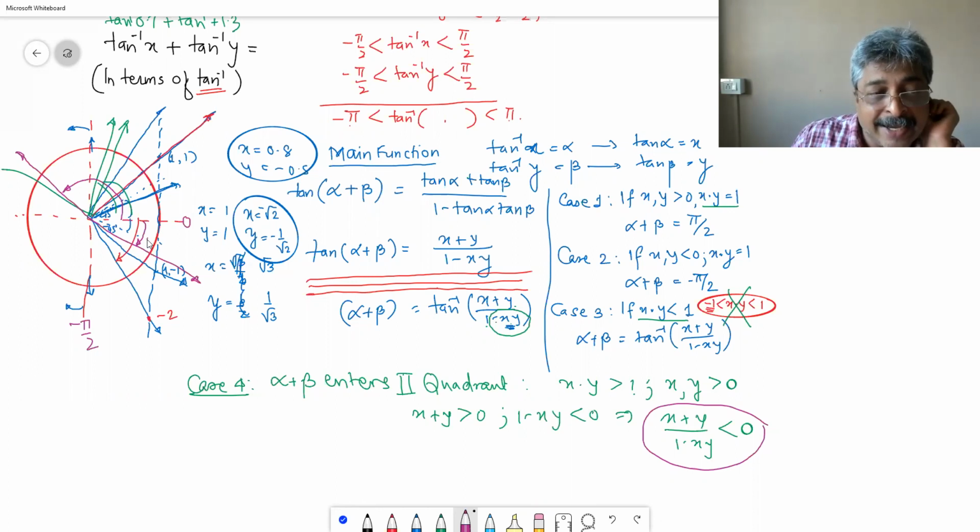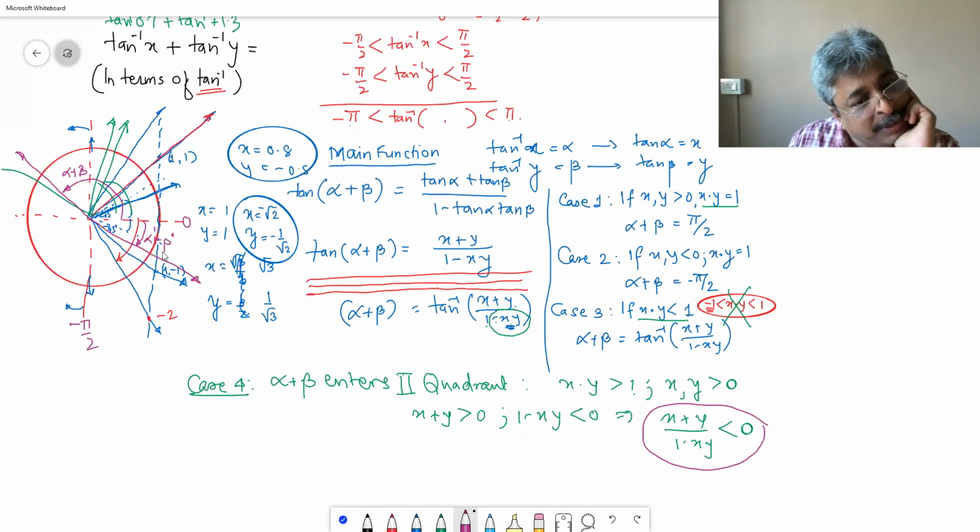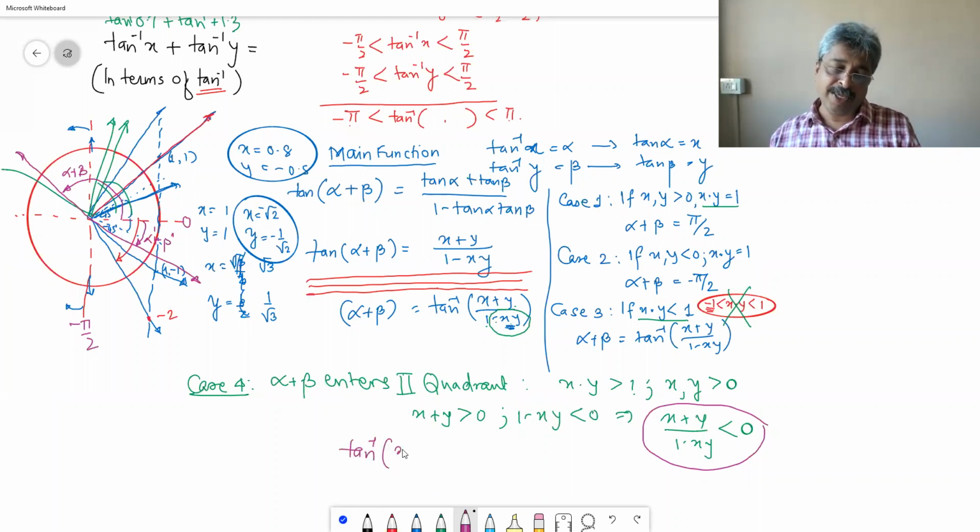You will get this angle alpha dash plus beta dash, and you want alpha plus beta. Therefore, you must add pi. Therefore, the answer is tan inverse of x plus y upon 1 minus xy, the angle in fourth quadrant that you are getting, plus pi.